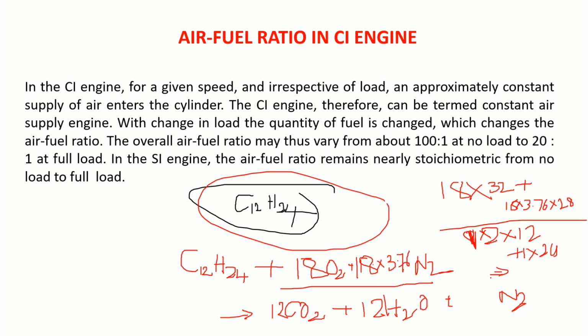So that will be 18 into 32 plus 18 into 3.76 into 28, which is equal to something like 2471, divided by 12 into 12, which is 144, plus 24, that is 168.